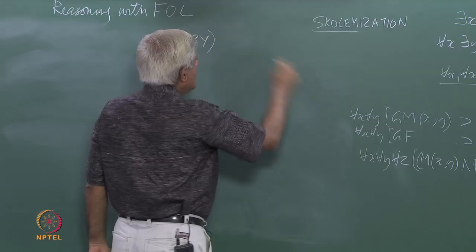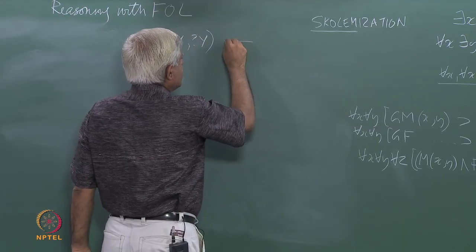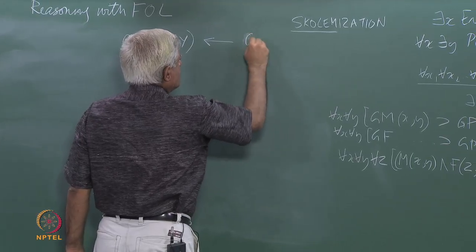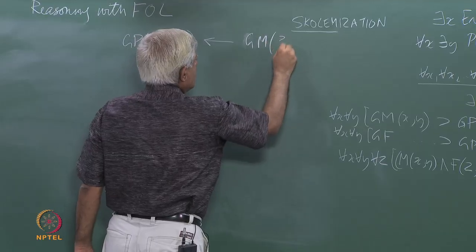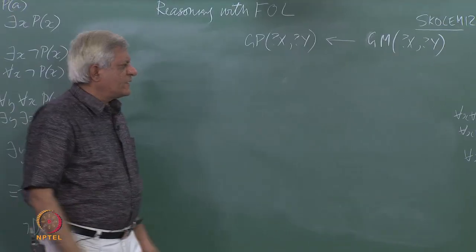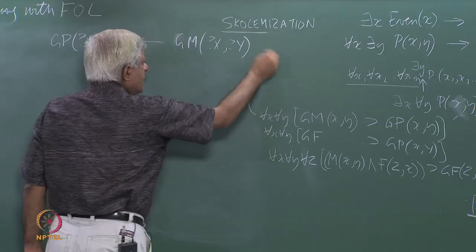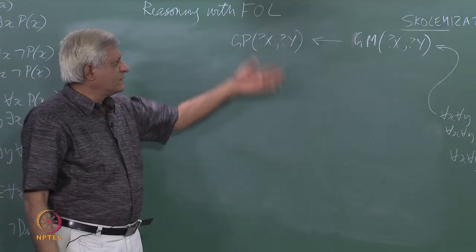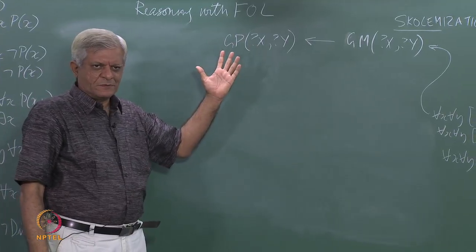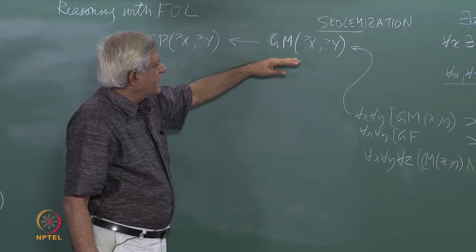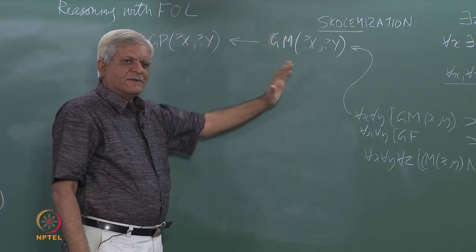So, this same rule, let us write it like this. What has happened? I have taken this rule and rewritten it like this. I have thrown away the quantifiers, I have converted it to an implicit quantifier form, and I have inverted the order in which you are writing.